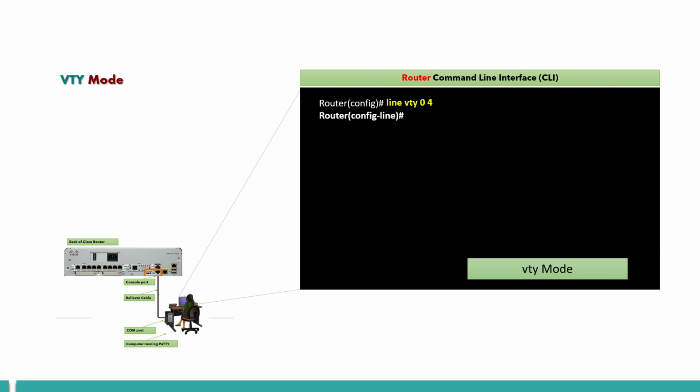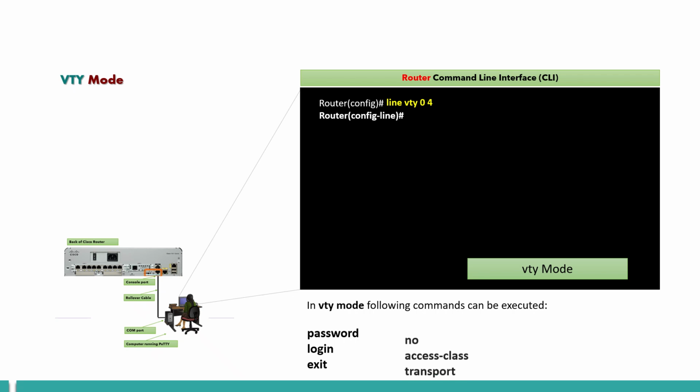If you type question mark and press enter, all the commands available at this mode are going to be displayed and explained. Some of the most commonly used ones are the following: password, login, exit, no, access-class, transport.